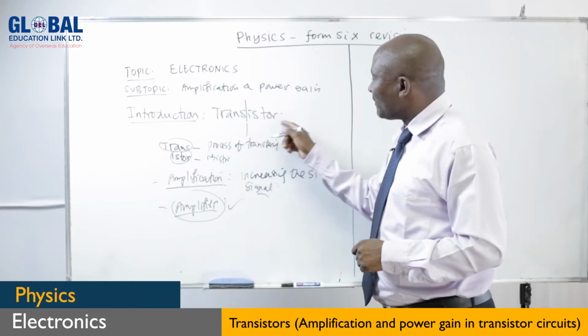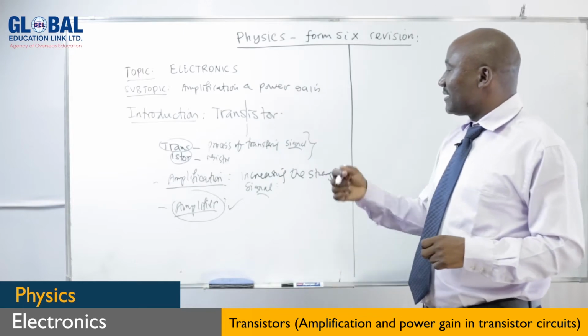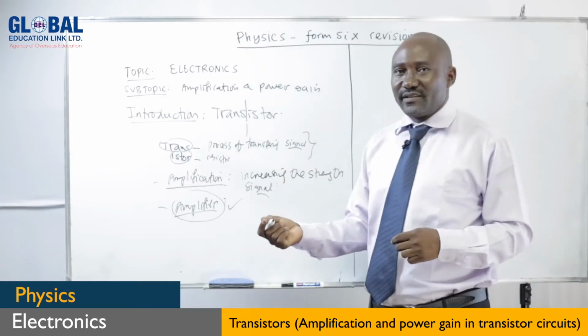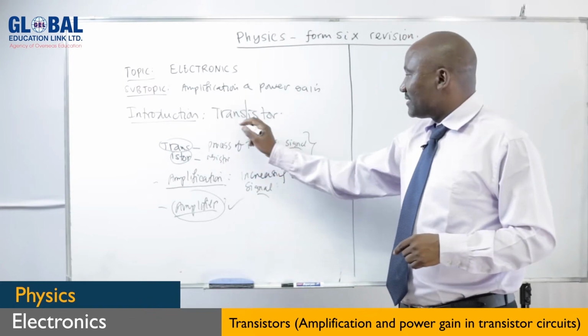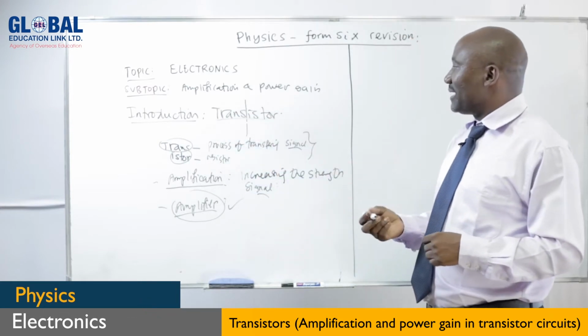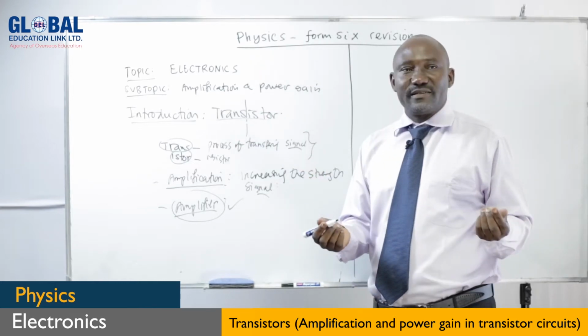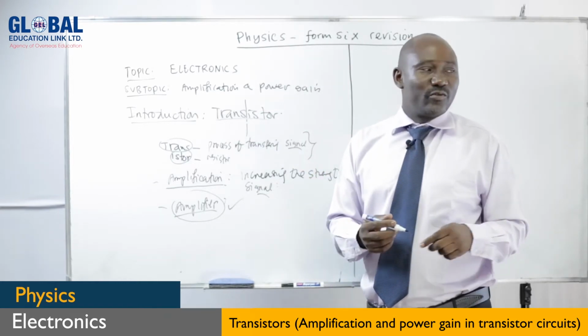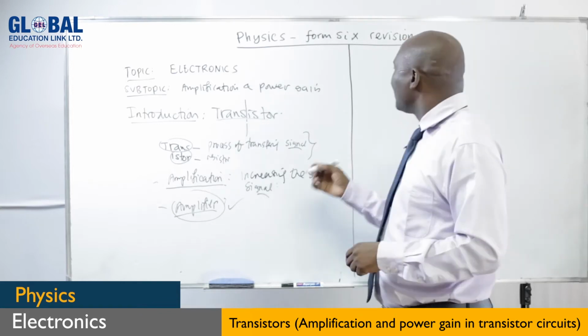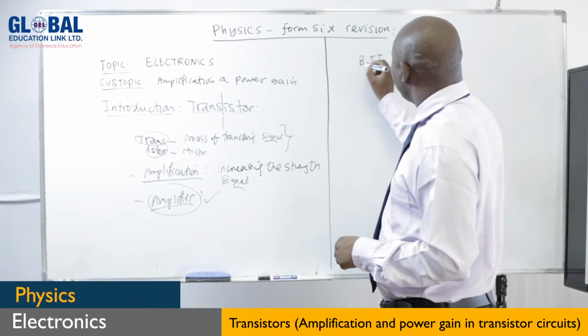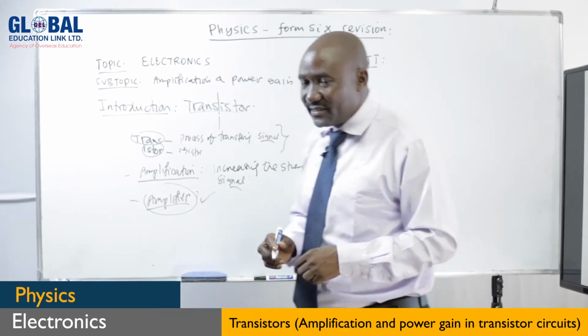Now we have seen the meaning of a transistor as a device which transfers a signal from one region to another region, as you can see from the way a transistor is made. But how do you make a transistor? There are different types of transistor, but in today's discussion we base on the bipolar junction transistor, BJT.